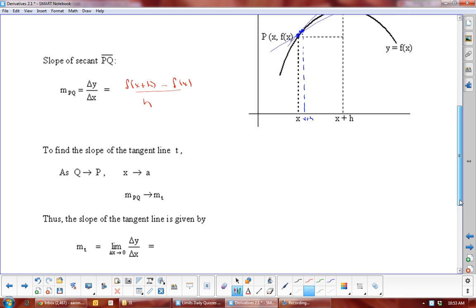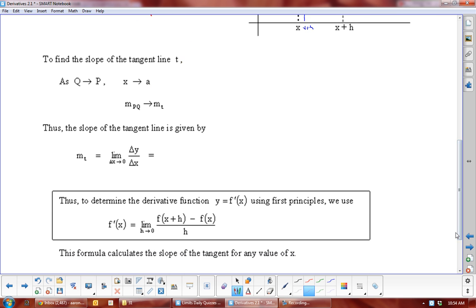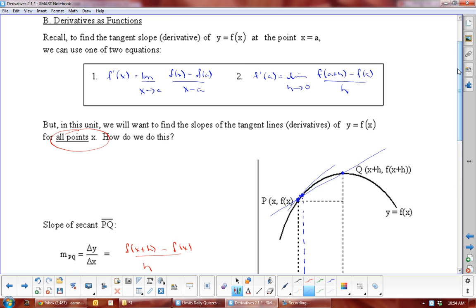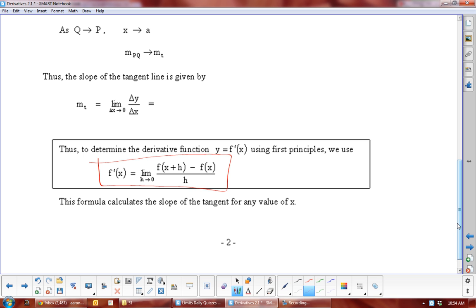Today's the last day we're going to do it using limits, but here is going to be the limit formula. And if you look above, all the way up here, the only difference between number 2 and this is that instead of putting a in there, we're just going to put x in there.